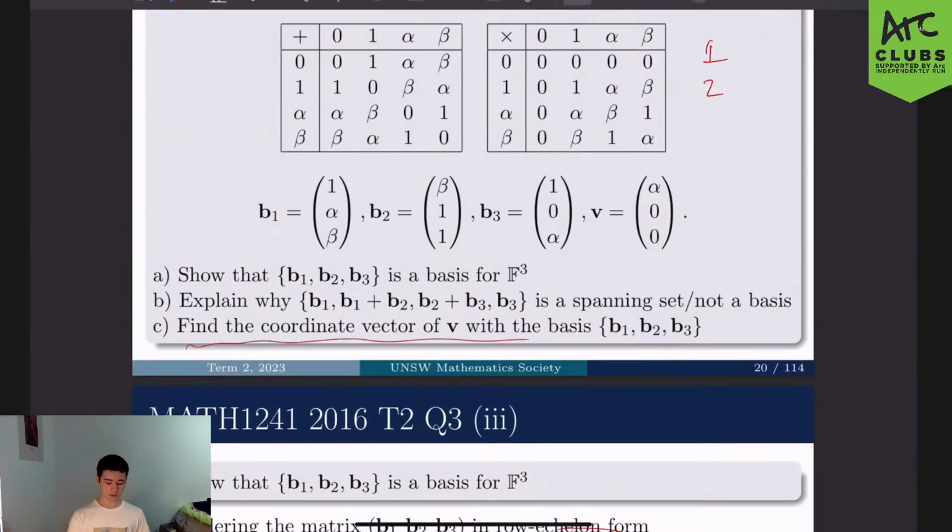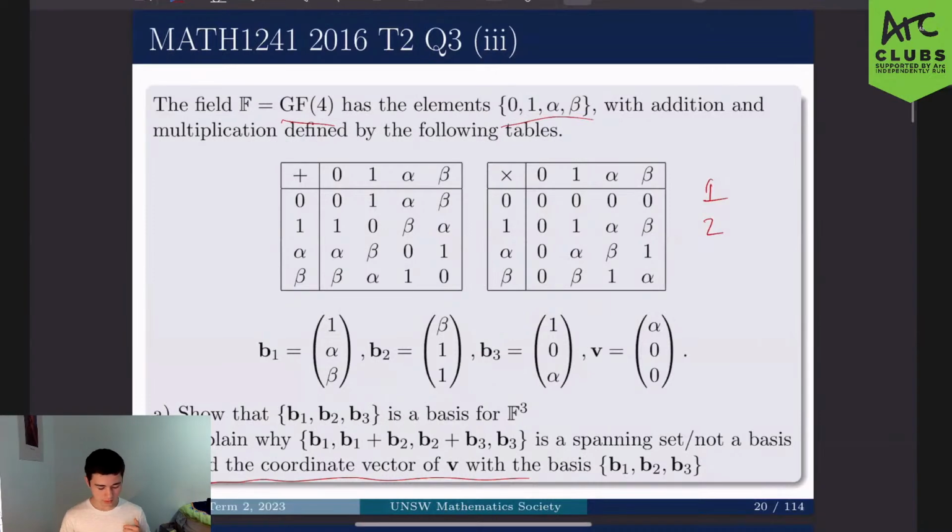Now, third part of the question, something that is only needed for 1241, and it's concerning coordinate vectors, okay? So, part 3, part C, is going to ask us to find the coordinate vector of v using the basis b1, b2, and b3, okay?